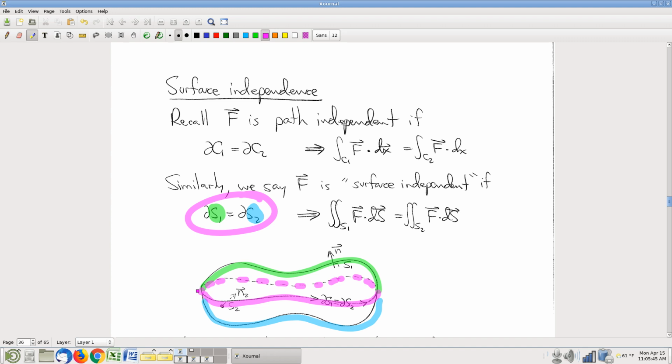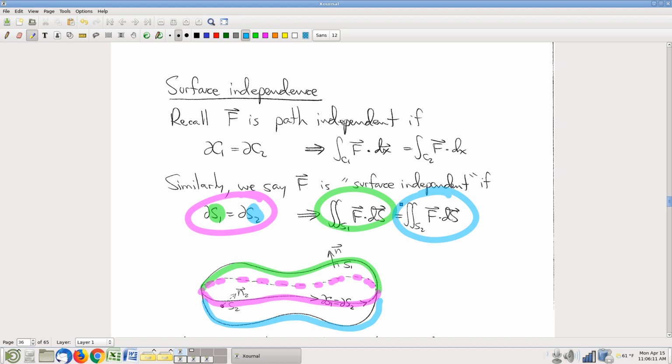How could this possibly be true? How could this ever work out for any vector field is kind of the initial feel of it. We need to know that whenever you have two related surfaces like this, it would always follow that the flux through the one surface is the same as the flux through the other surface. And again, it seems like an intractably long list of requirements.